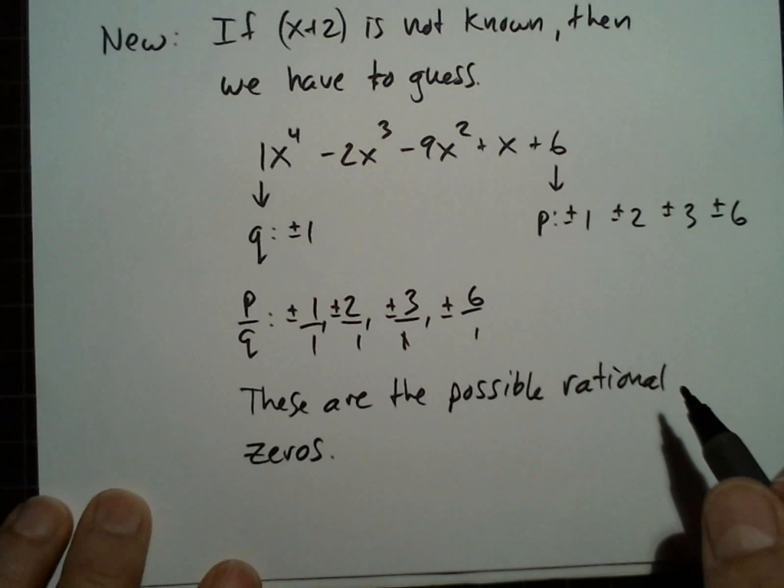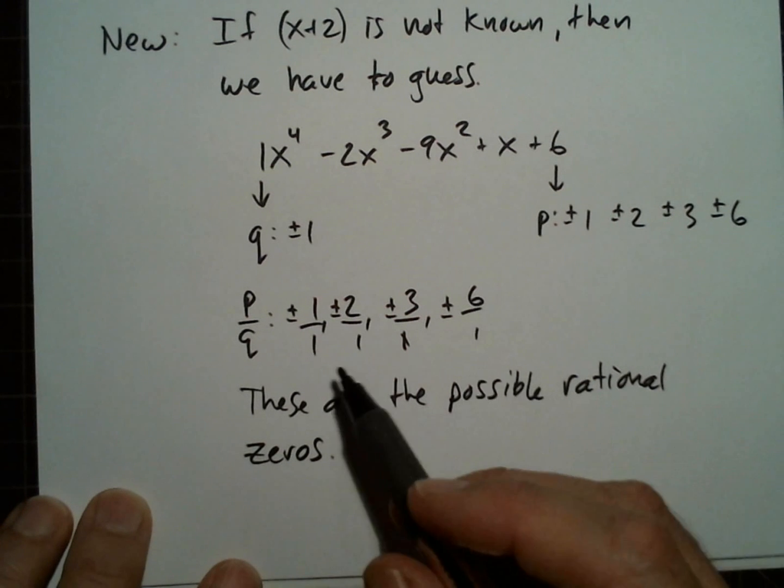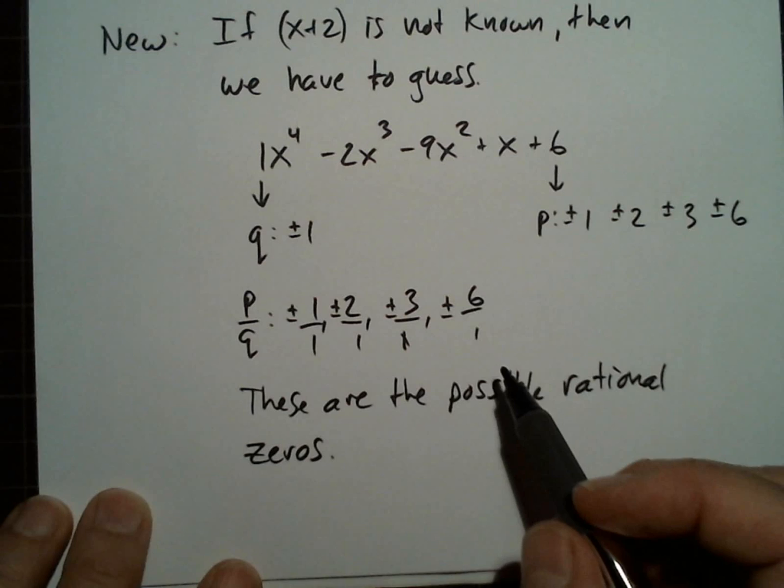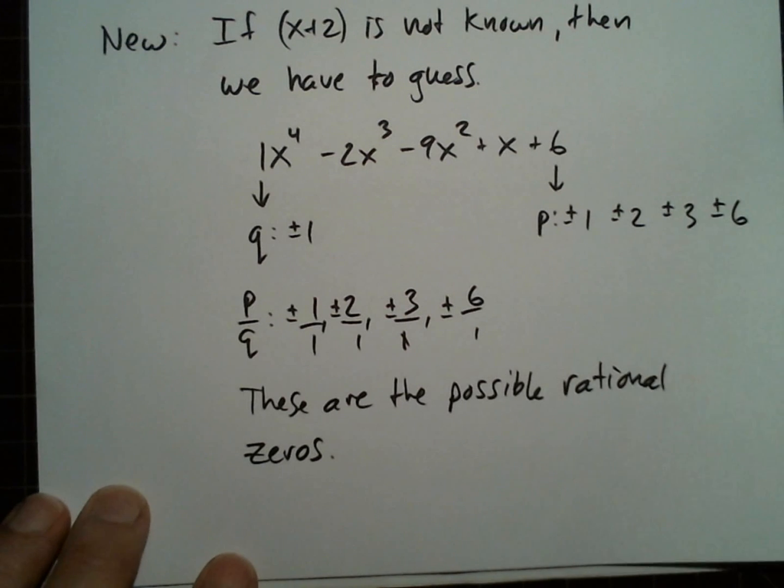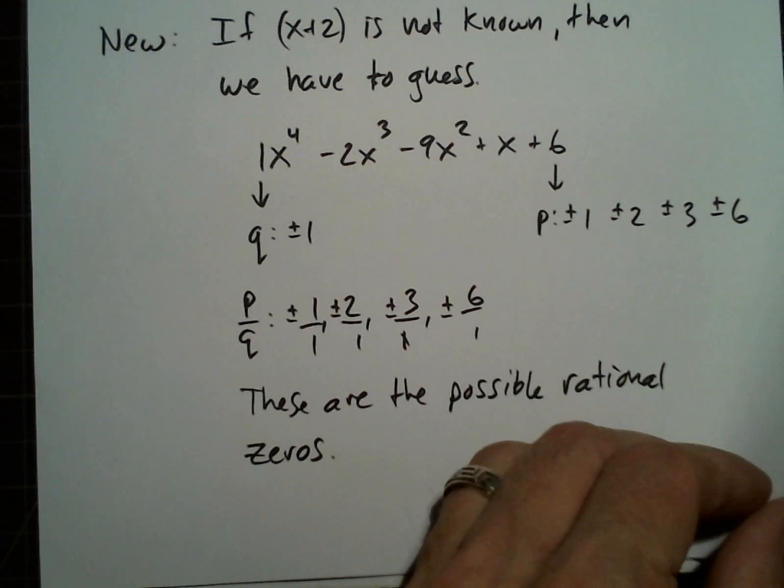These are called the possible rational zeros. Maybe none of them work. It's possible that none of them work, so it's still not the best choice, but it's what we have to deal with.